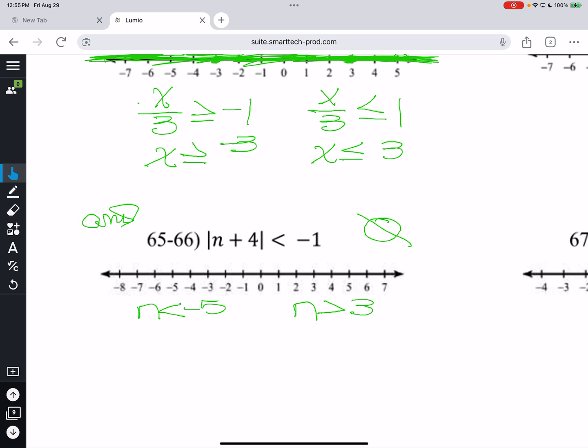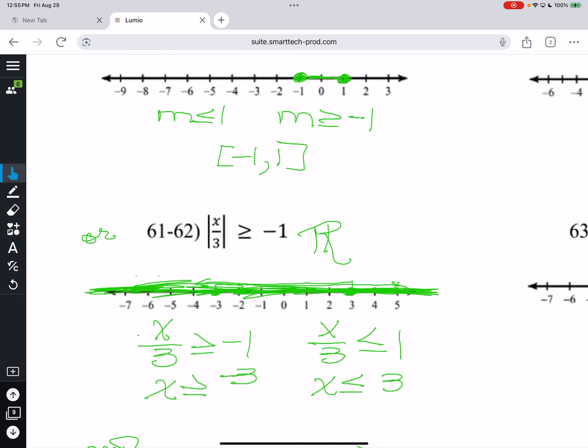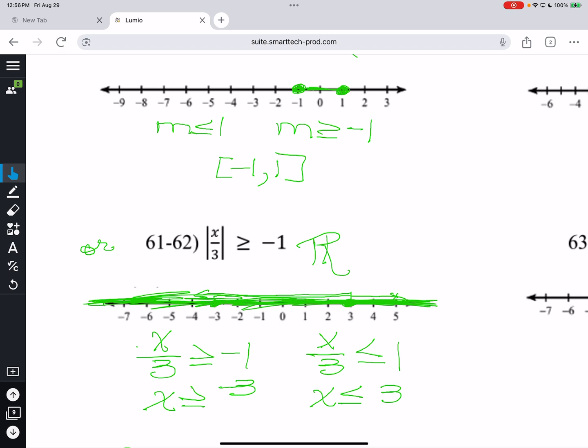Yes, sir. I'm still a little bit confused about how you can tell the difference between no solution and all real numbers. Well, okay, greater than is going to give you airplane wings, which means one's graphing that way and one's graphing that way. One's going that way while the other one's going that way. They're crossing over, and we're like this. That's all real numbers.